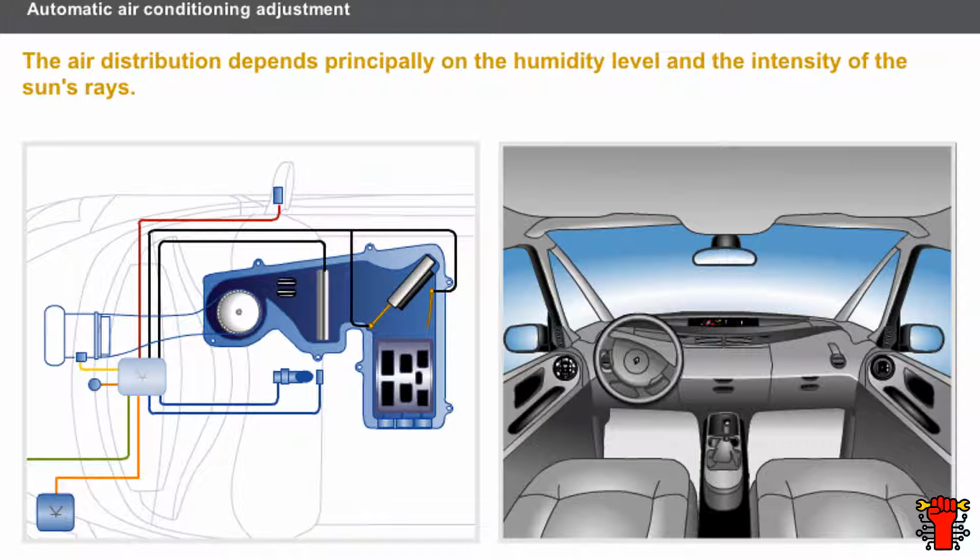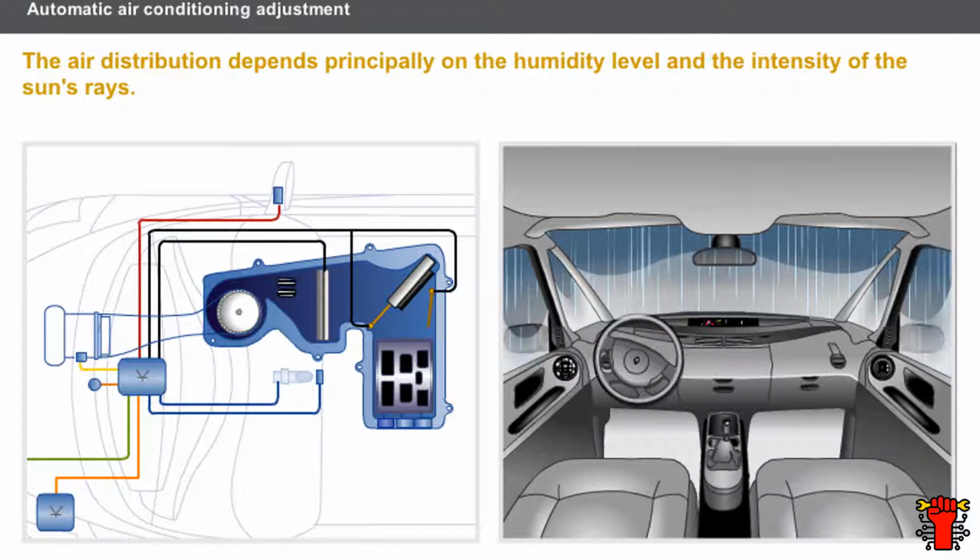We shall now look at how the air conditioning computer adjusts the distribution of air in the passenger compartment. The air distribution depends principally on the humidity level and the intensity of the sun's rays. As soon as the humidity level reaches a certain threshold, the air conditioning computer activates the demisting flap.